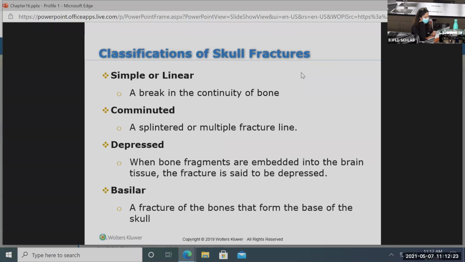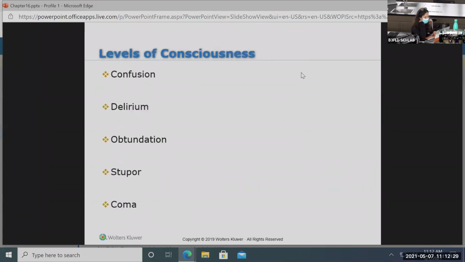Skull fractures may be linear, comminuted, depressed, or basilar fractures. Level of consciousness, three stars on this. All are important. In the textbook, they have the Glasgow Coma Scale.